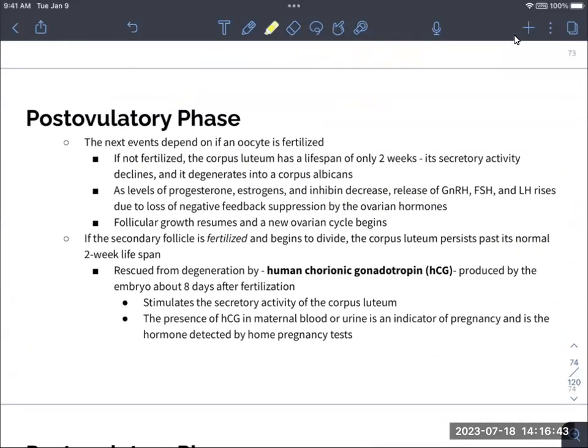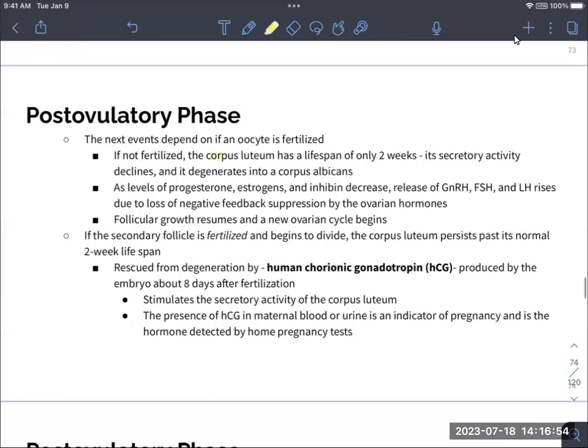During this post-ovulatory phase, the next events are going to depend on if the follicle is fertilized or not. So if there's no fertilization, that corpus luteum only has a lifespan of 2 weeks. After those 2 weeks, it's going to degenerate into that corpus albicans. So progesterone, estrogens, and inhibin start to decrease.